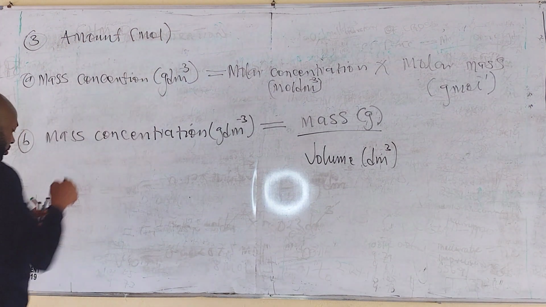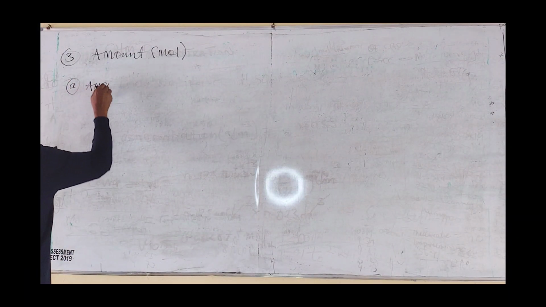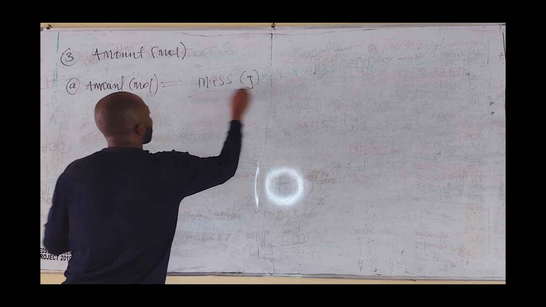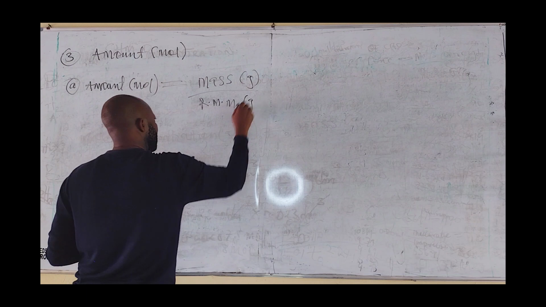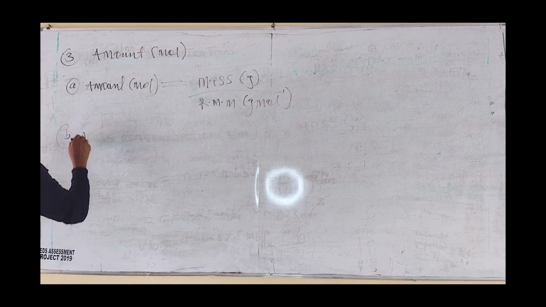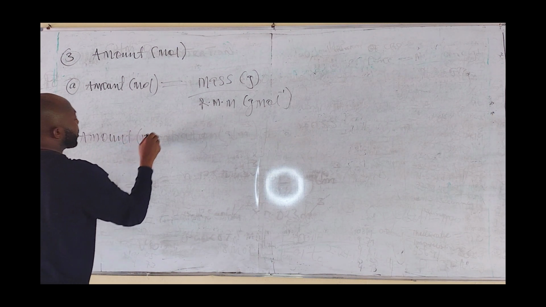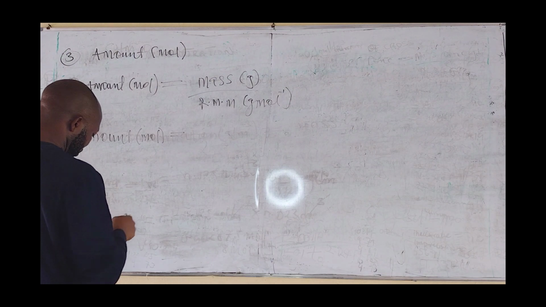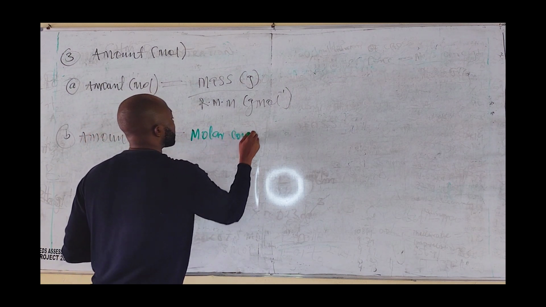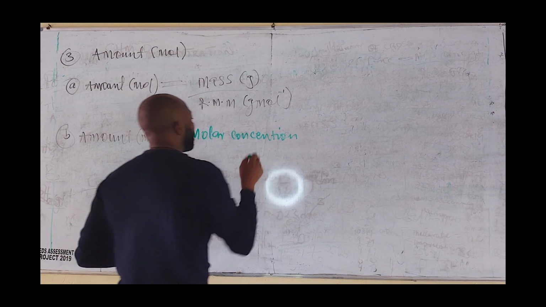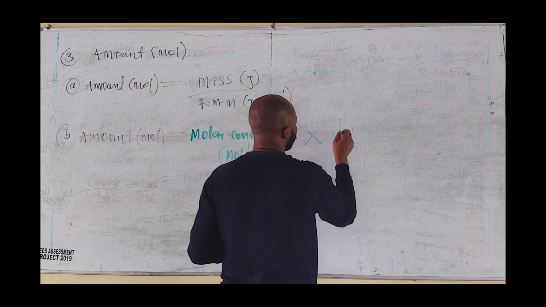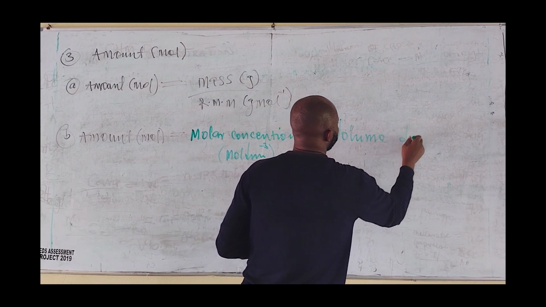Amount in mole is equals to mass in gram over relative molecular mass in g/mole. Two or B, amount in mole is equals to molar concentration in mole per dm³ times volume in dm³.